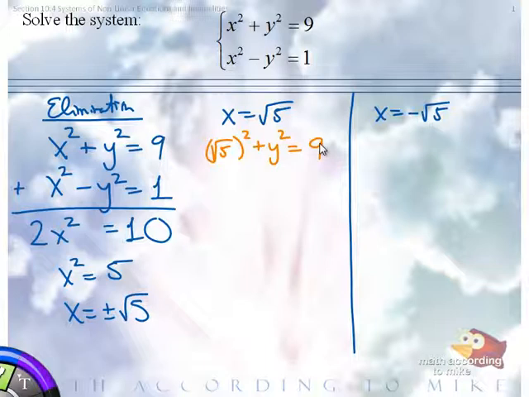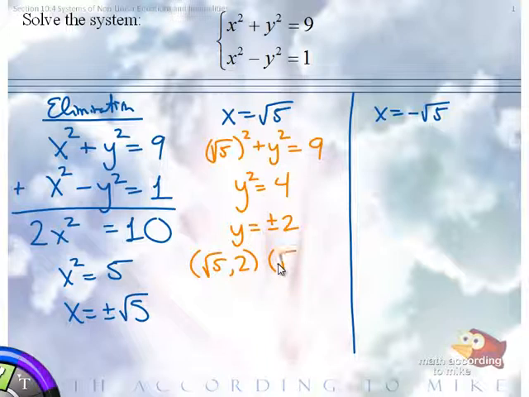If we subtract the 5 from both sides, we'll get y squared equals 4. So y will equal plus or minus 2. Is that okay? Good. So this gives us two ordered pairs. In both ordered pairs, x is positive square root of 5. One y coordinate is 2. The other y coordinate is negative 2.